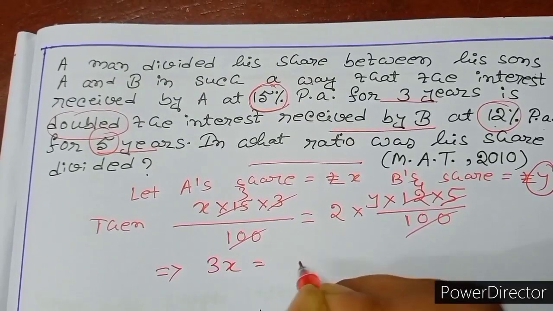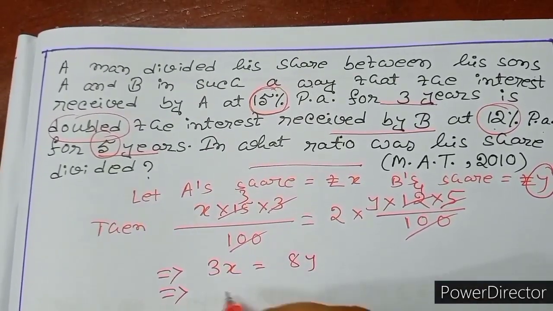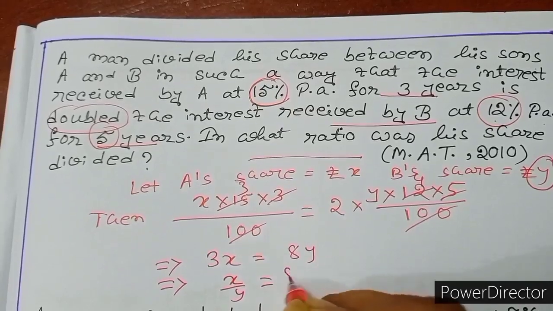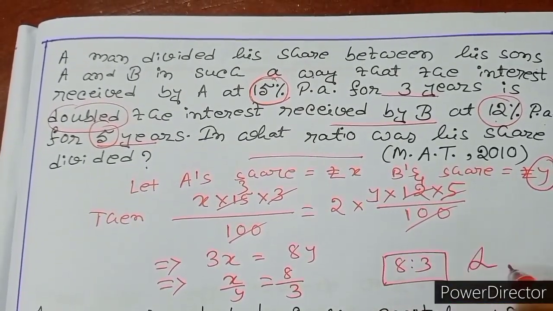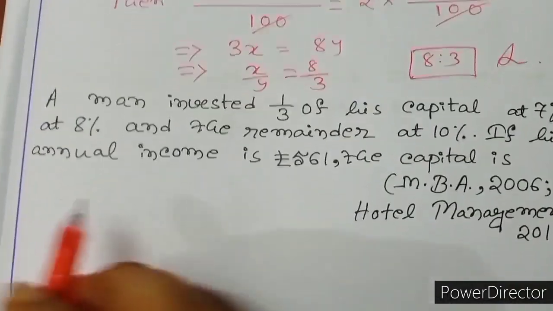So 3x equal to 8y. So x by y equal to 8 by 3. So the required ratio is 8:3. This is the answer. Next question.